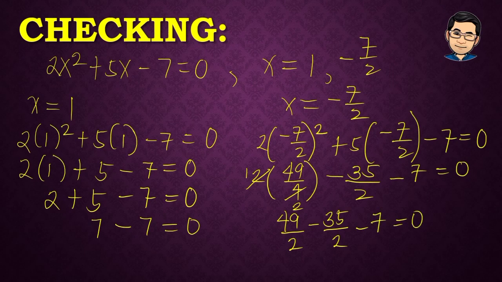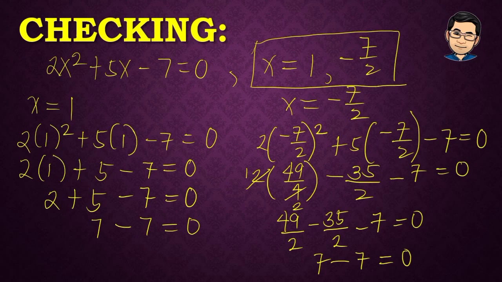So, what is 49 minus 35? Since similar fractions naman ito, 14 divided by 2, that is 7 minus 7 equals 0. Okay, so the roots of our given equation are 1 and negative 7 over 2.